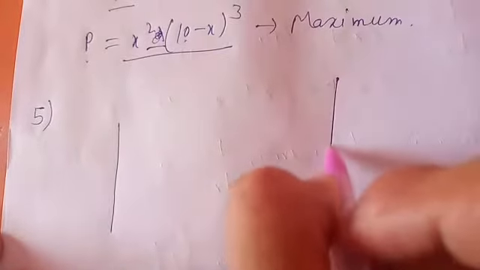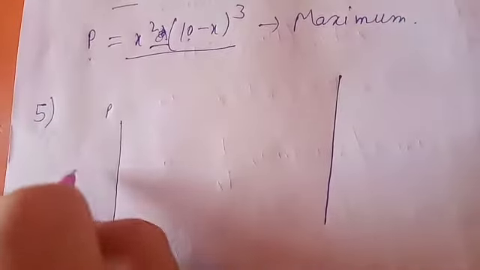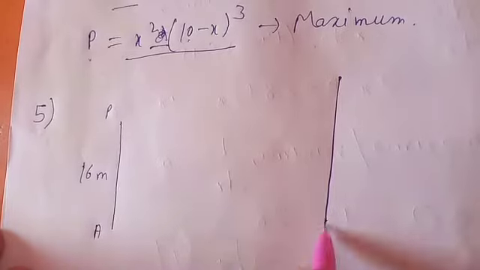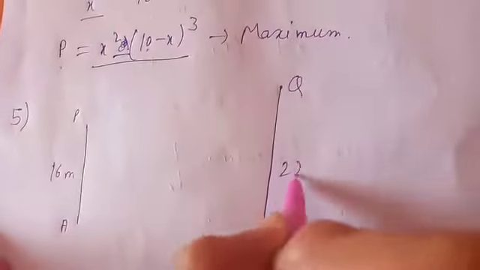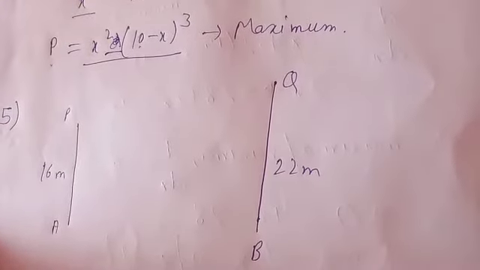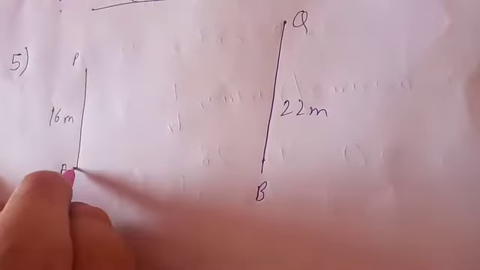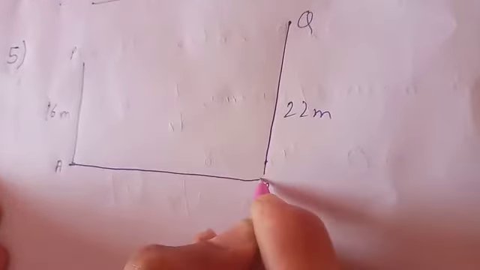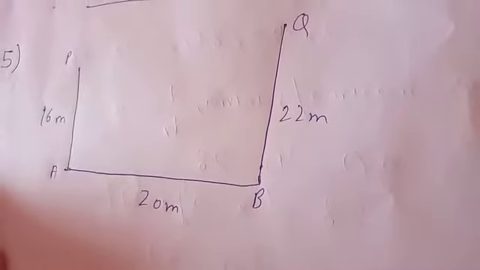We can say this is AP, its length given is 16 meters, and this is BQ whose length is 22 meters, and AB is equal to 20 meters. This distance is also given, that is 20 meters.